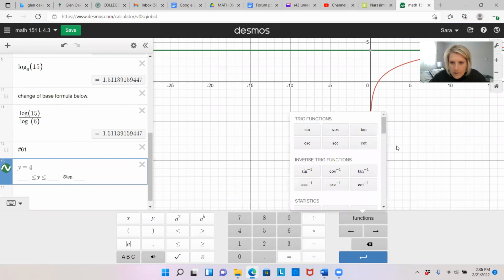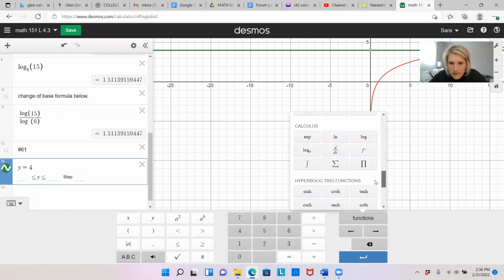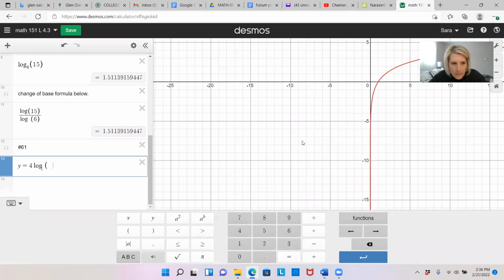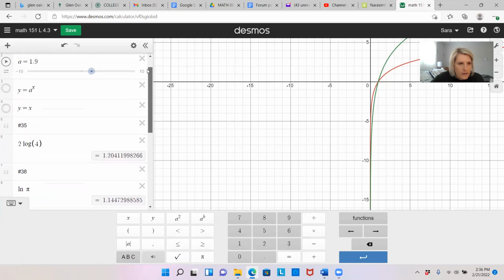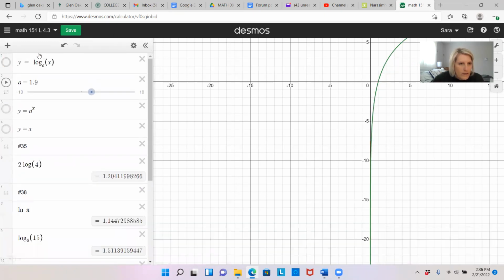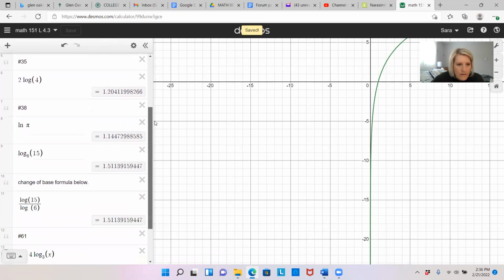So let's go to functions, find that log base, and it's log base 3 of x. I'm going to turn my other function off up here since we're no longer looking at it.